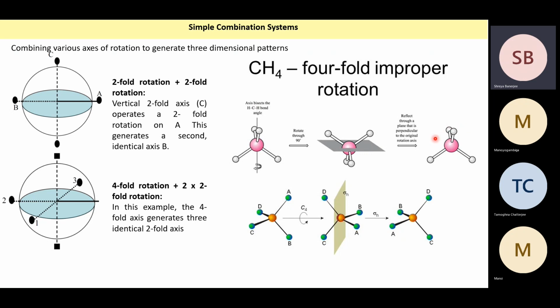So this is a combined symmetry operation where you are first rotating the molecule through 90 degrees and then reflecting it through a plane perpendicular to this axis of rotation to get back the same molecule. Then this molecule will be said to have a four-fold improper rotation axis. This is a combination symmetry system, since you have two elements of symmetry, the rotation and the reflection, that are combined.